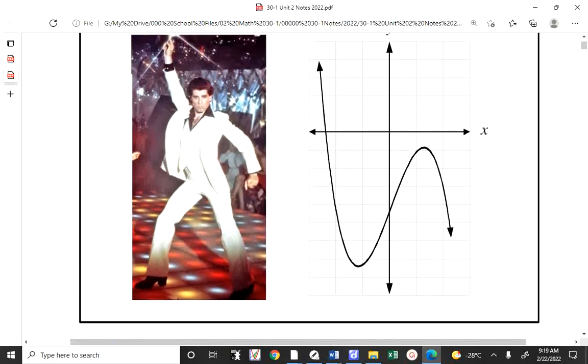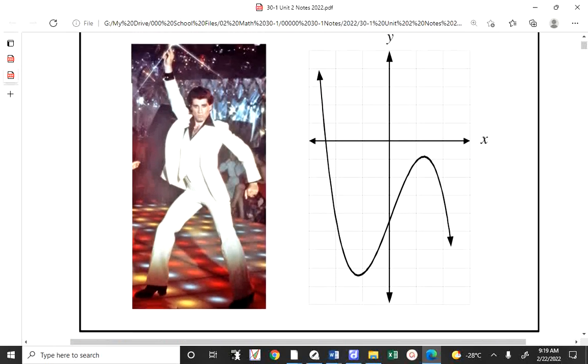Well, I hope we would all agree that the picture on the left is odd. There was a time in the late 70s where that was normal and admirable to dress like that and dance like that, which is very odd looking in retrospect. But we will learn in today's lesson why that polynomial function is odd as well.